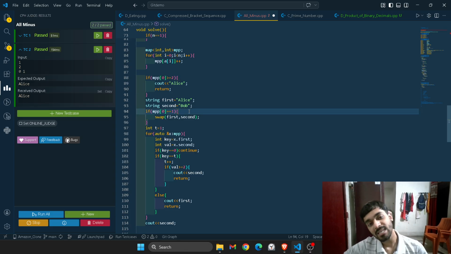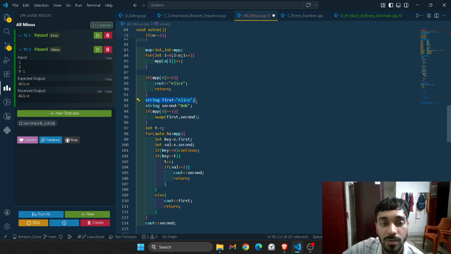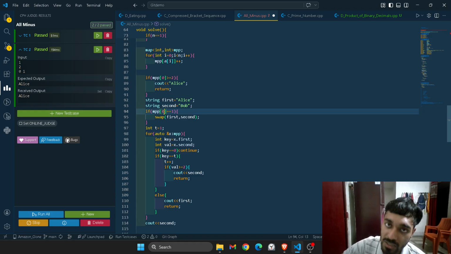The first person will go, and if the 0 is present, he will remove that 0. If Alice is the first one to perform the action, and there is one 0 present in the array, then Alice will remove this 0, and so Bob's turn will come next.